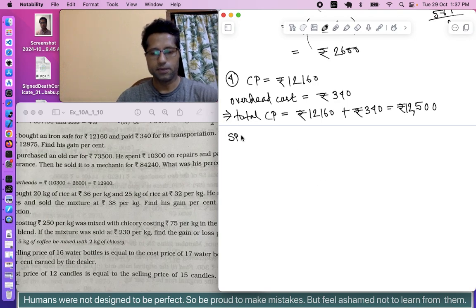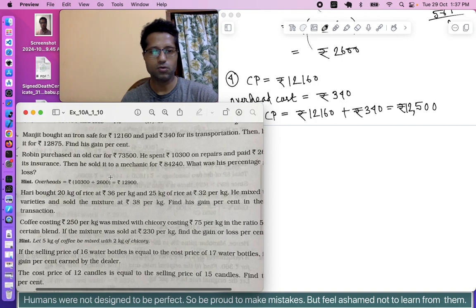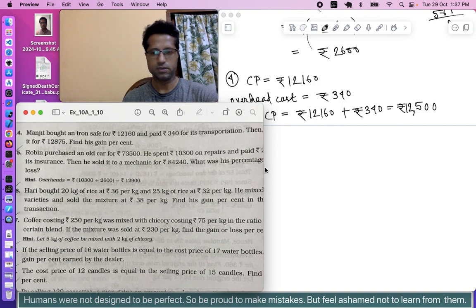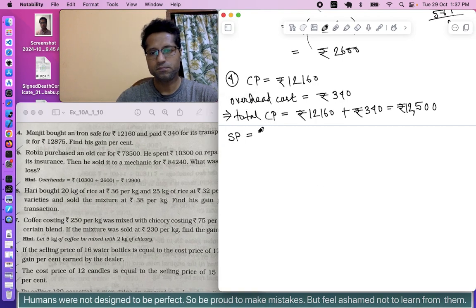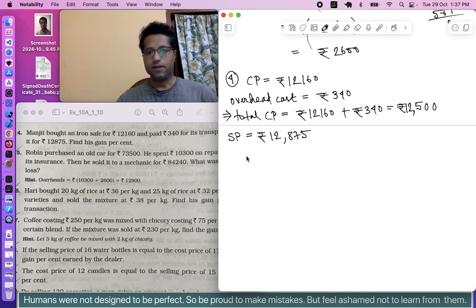The selling price, it is said that he sold it for rupees 12,875. So definitely there is a gain, because we can see that the selling price is more than the cost price. Since selling price is greater than cost price, this implies a gain.